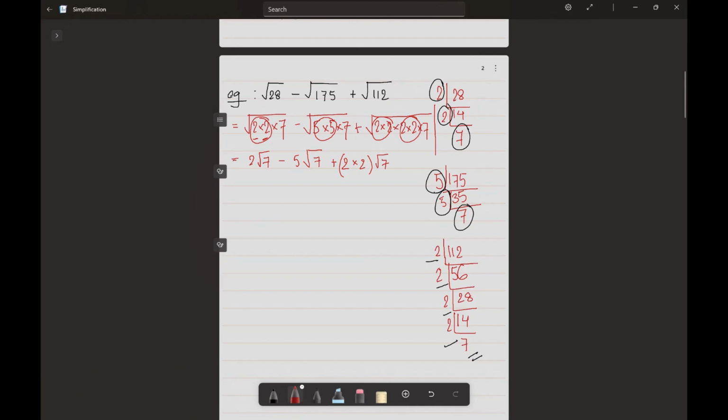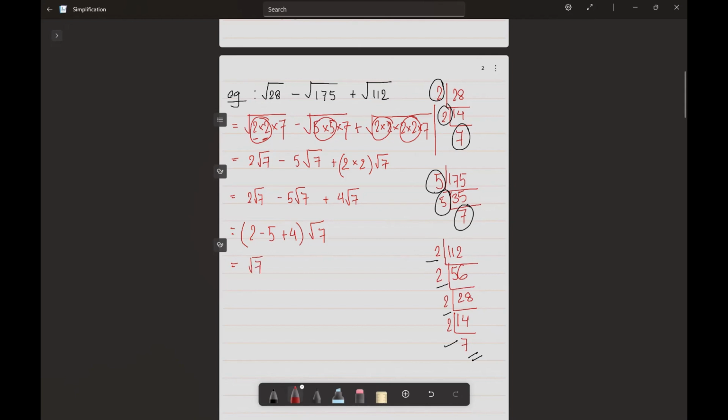So we have 2 root 7 minus 5 root 7 plus 4 root 7. Now it's more like you have 2 pens minus 5 pens and then plus 4 pens. So we can easily do the calculation as such. 2 root 7 minus 5 root 7 means you have minus 3 root 7, plus 4 root 7, which gives us only root 7.